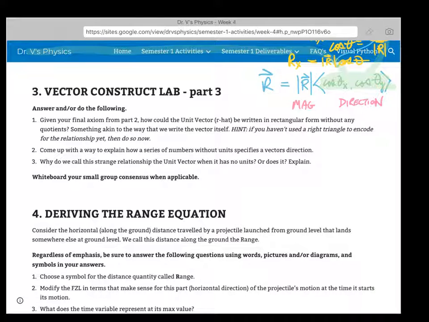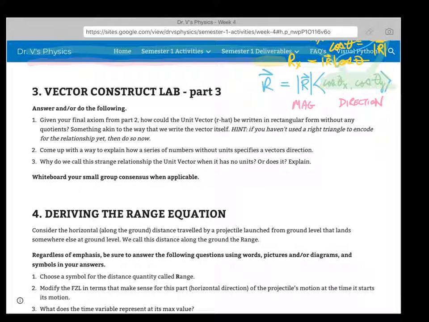Right? It's really handy. Now, this one here, I'm still bugged by this, but I'm not in charge yet. So, why do we call this strange relationship the unit vector when it has no units? And I ask this question, or does it have units? So let's think about this for a minute.